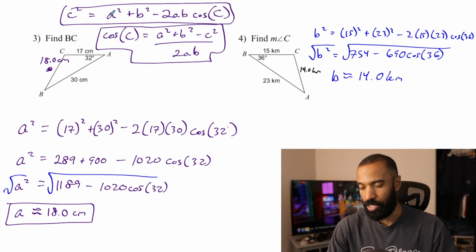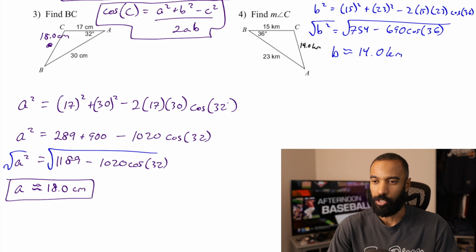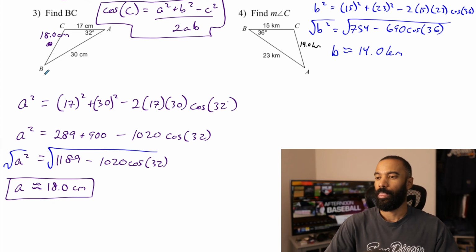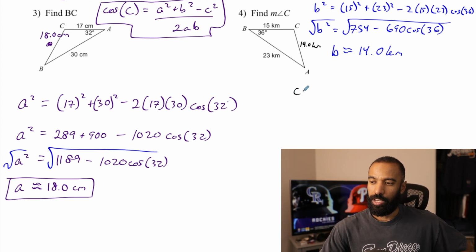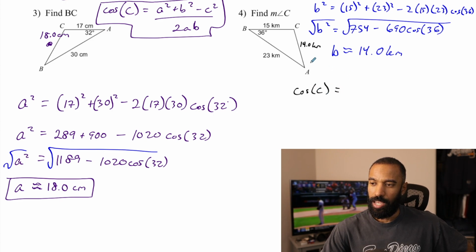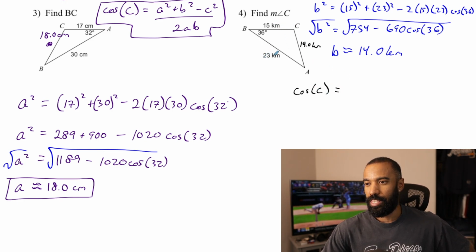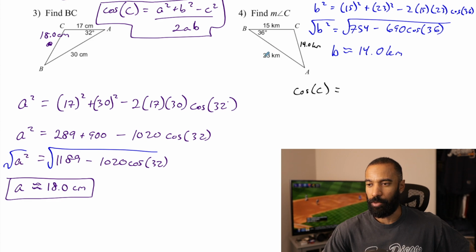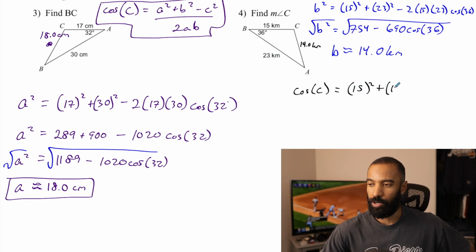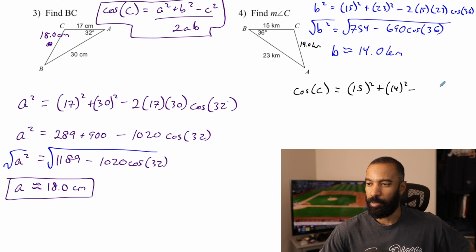Inverse cosine does give you obtuse angles, and it has a little to do with the periodic function things that we do. So let's do the cosine of our angle C equals, now this has to be the side opposite the angle that we're trying to find, the 23. So I've got to do 15 squared plus 14 squared. Remember, that's a rounded number.